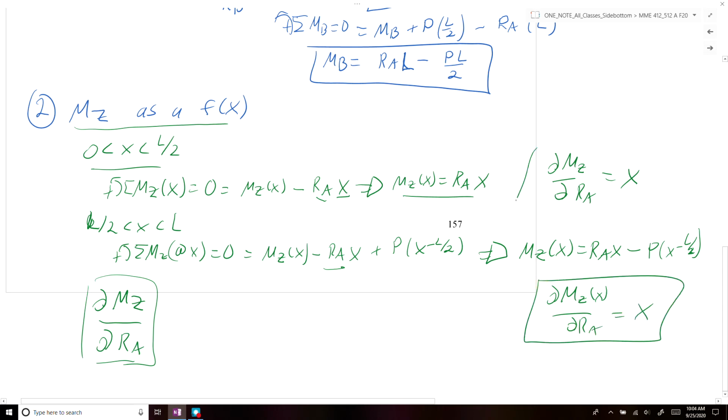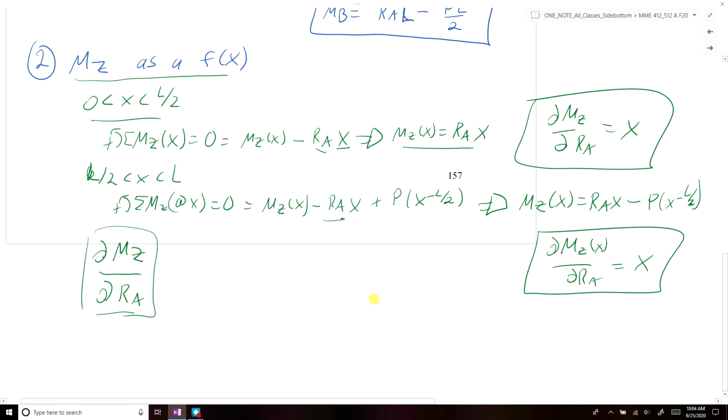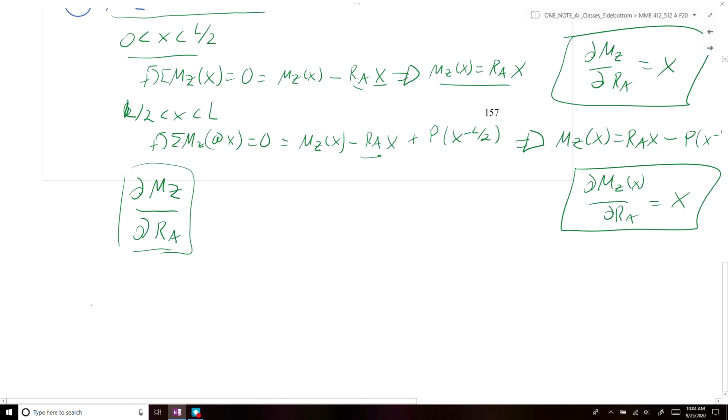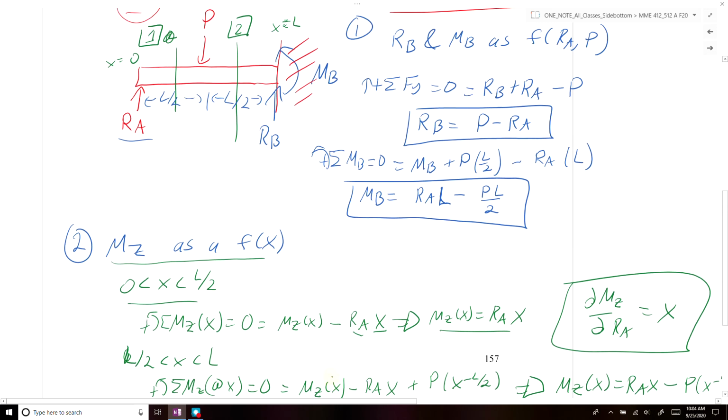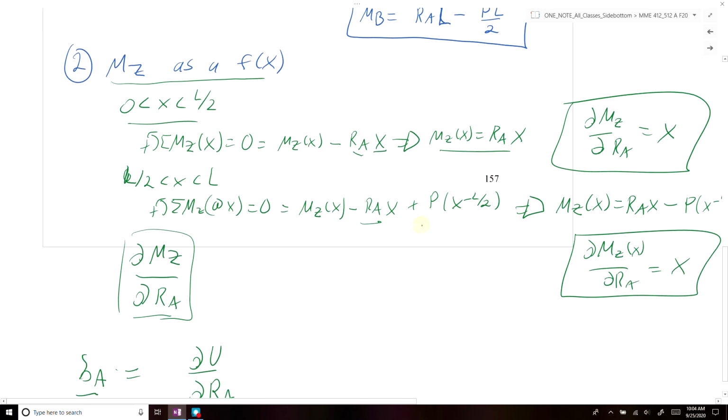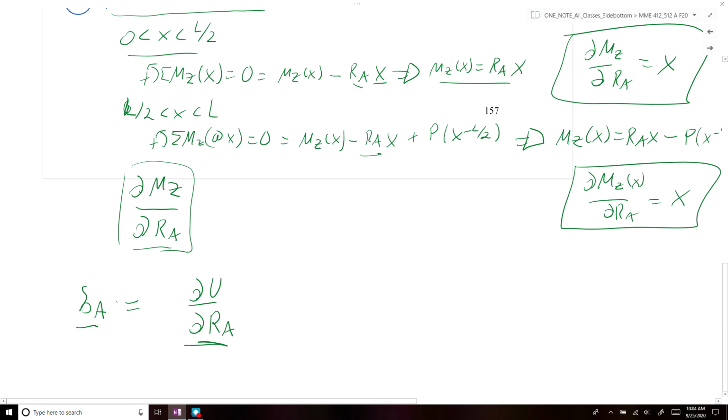Okay, so we can then plug this into our simplified Castigliano's method. The displacement at point A would be equal to the derivative of U with respect to the applied force at point A, which in this case is our reaction force RA. So we can plug in our terms here.